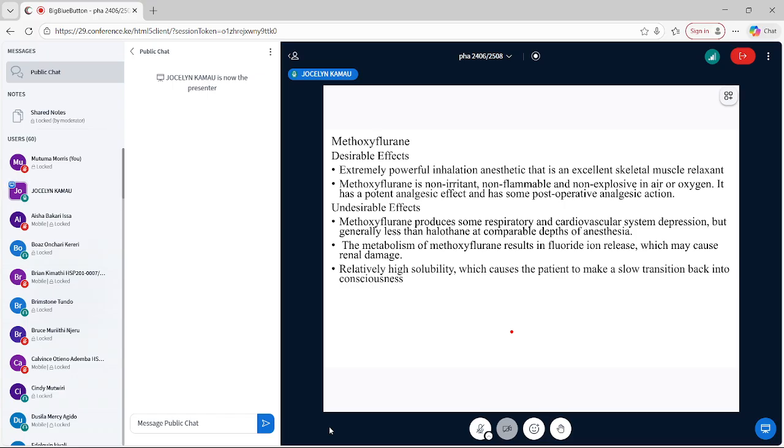That is why the history of a patient should be well taken before a patient is taken to theater. You need to understand, do they have a problem? Are they asthmatic? Do they have a cardiac problem? Do they have other issues? Are they taking other drugs?